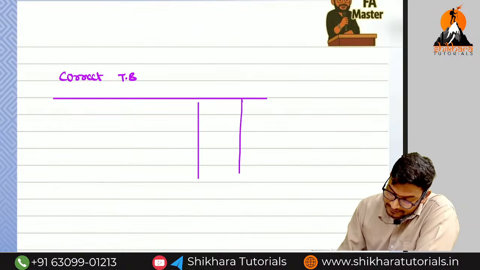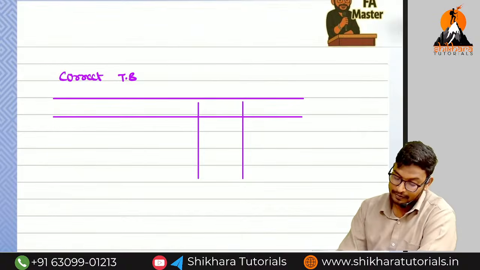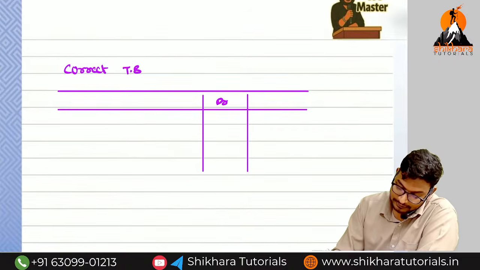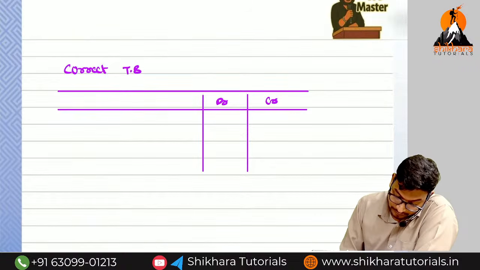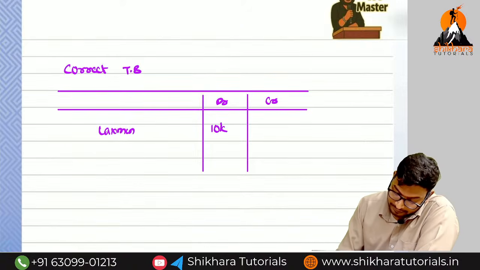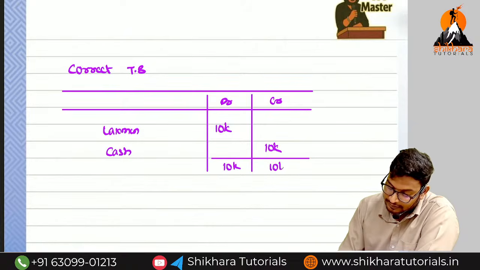So they have recorded the side correctly, but the wrong amount. So DR and CR, how much? In the Lakshman, debit side 10,000. For the cash, credit side 10,000. Should this be there or should it not be there? Should be there. 10,000 and 10,000.